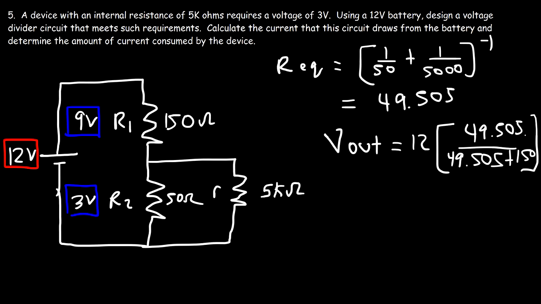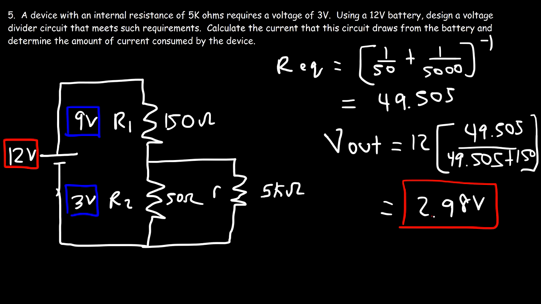So that's 12 times 49.505 divided by 199.505. And so the output voltage is going to be 2.98 volts, which is approximately 3 volts.